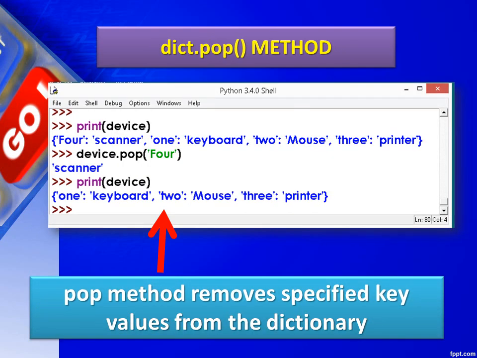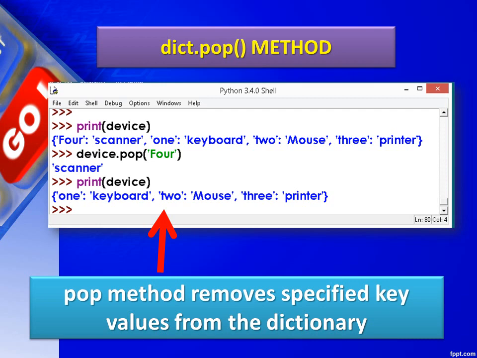Next, dict.pop. The pop method removes the specific key and value from the dictionary. This is the normal function that we already use in other languages also, push and pop. Push is to insert the value, pop is to delete the value. Whenever I use device.pop(4), it will remove the key 4 from the given dictionary.